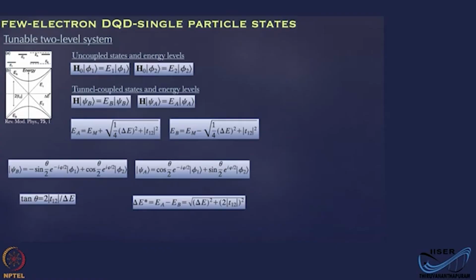So you know that the single quantum dots in the few electron regime are artificial atoms. So when you take two atoms and bring them close together and couple to each other, then you get a molecule. You have two atoms, you have a diatomic molecule. Okay, so these double quantum dot systems are artificial molecules.